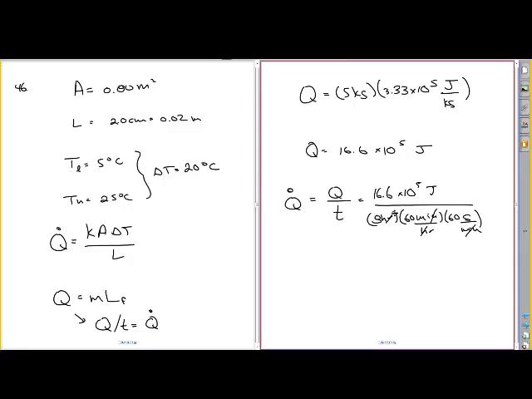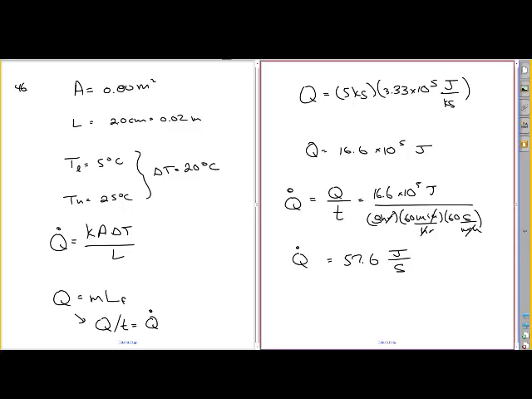We'll get seconds. So here's 16.6 e to the 5th divided by 8 divided by 60 divided by 60. And so to melt 5 kilograms of ice in 8 hours, the average heat transfer rate would have to be 57.6 joules per second, which is a watt.